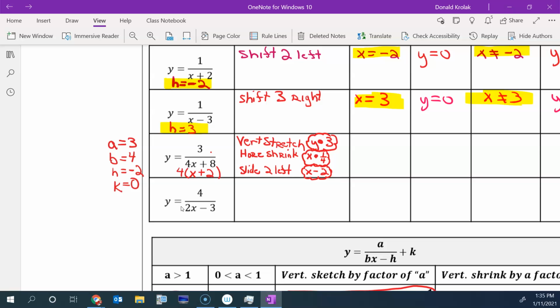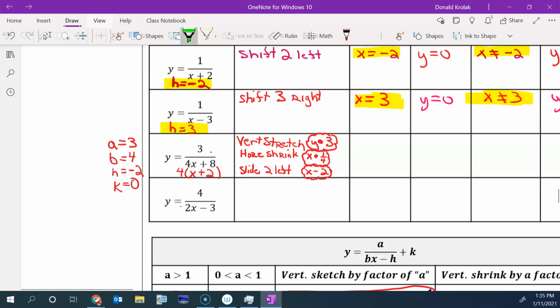Now, the order that you do them matters. The way that you figure out the order is if you've got any transformations that work on the same coordinate. So I've got this x times 1/4 and I've got this x minus 2. You always do the multiplication out of those 2 first.